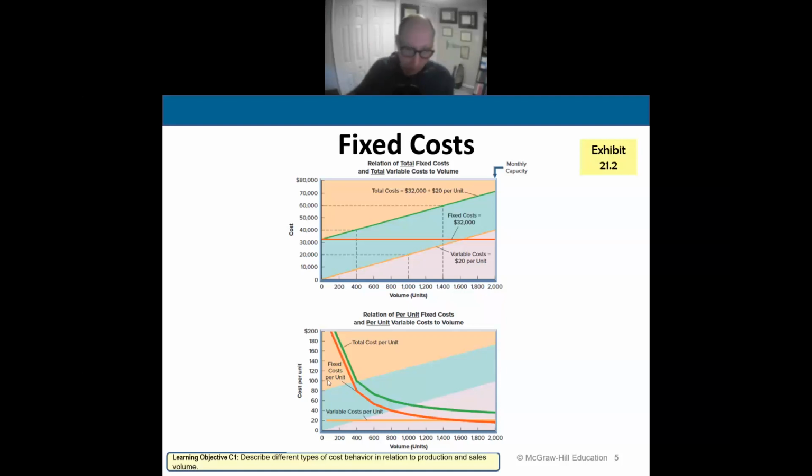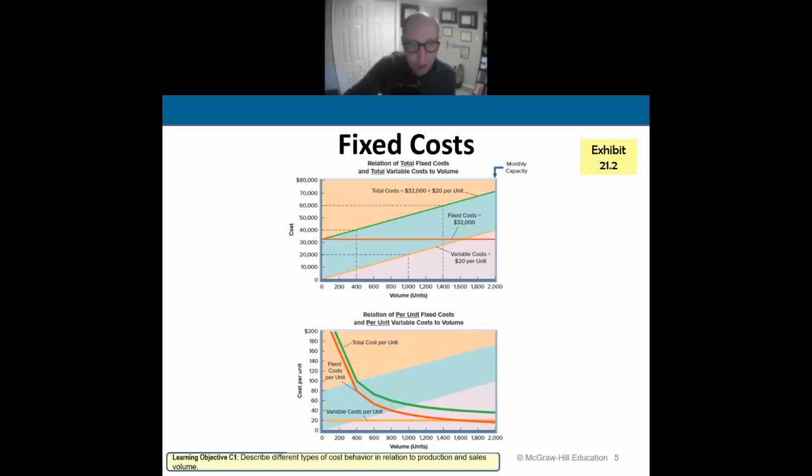Now here's why that happens. If my fixed costs are $32,000 and I'm producing certain volumes of units, I take my fixed cost and divide that by the number of units produced to get a fixed cost per unit. That's how we allocate our fixed cost to each unit.